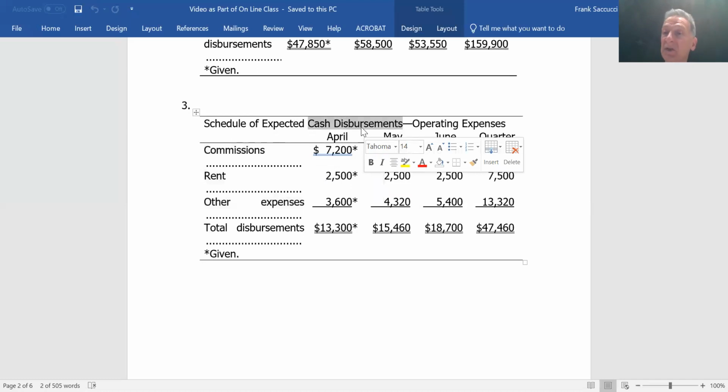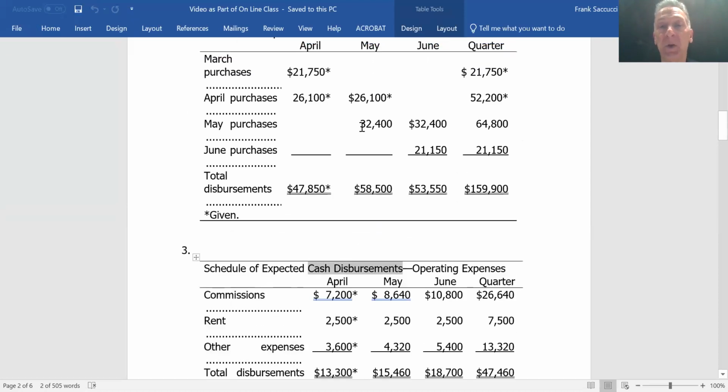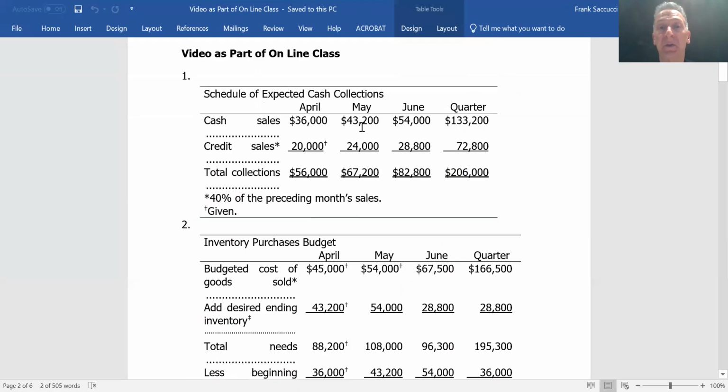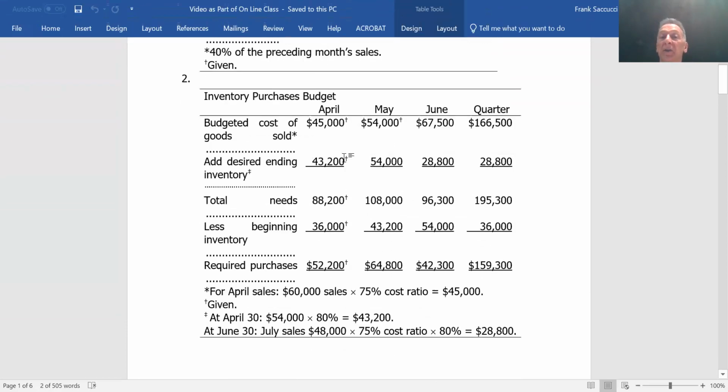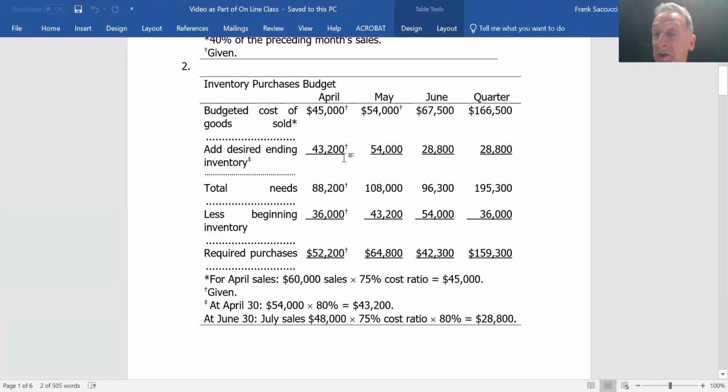Now, again, we're just touching on the first handful of schedules to get comfortable. As the online portion, you can read those designated pages, read the fictitious example, read the scenario, go over some of the schedules. You can pause the video and see answers when you're looking at the expected cash collection. You can pause the video and see the answers for the purchase budget.